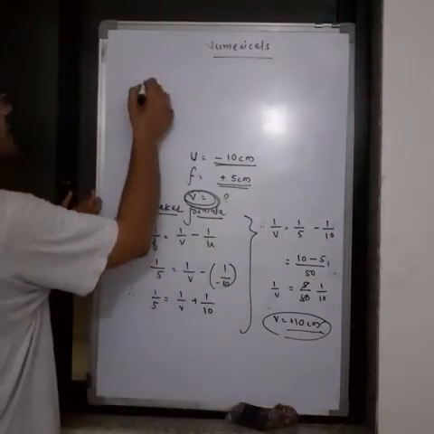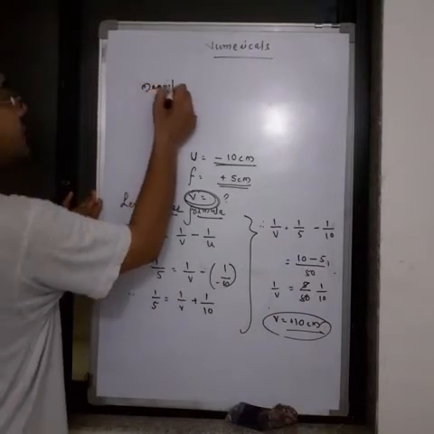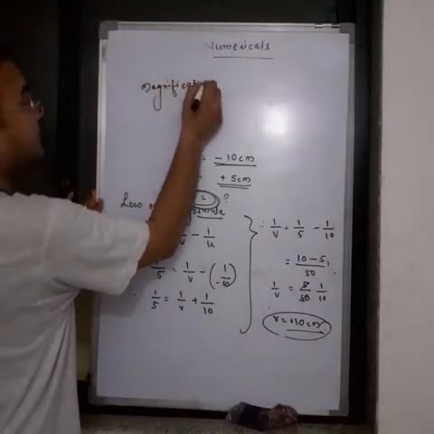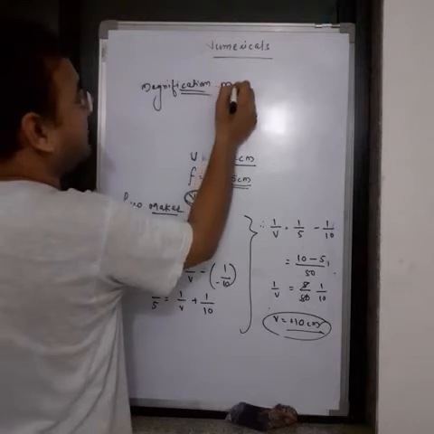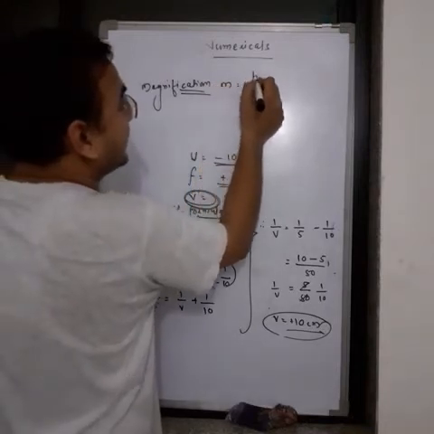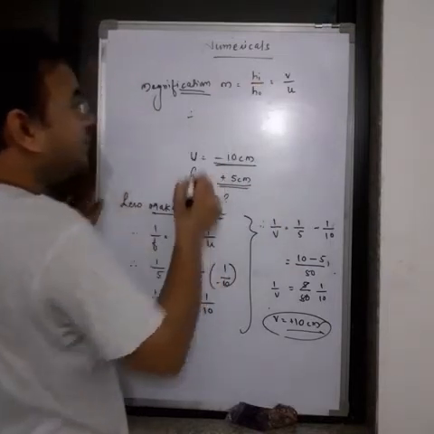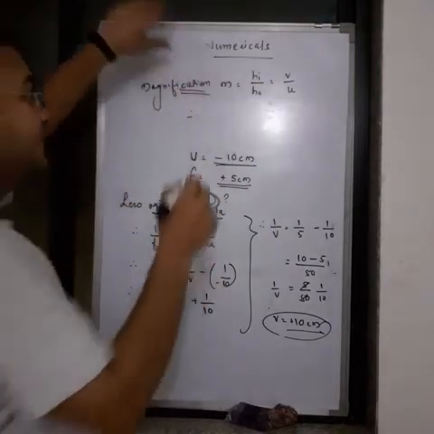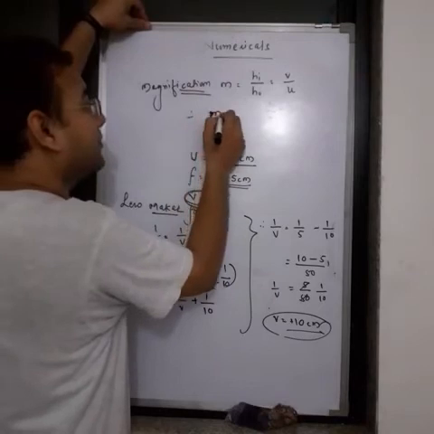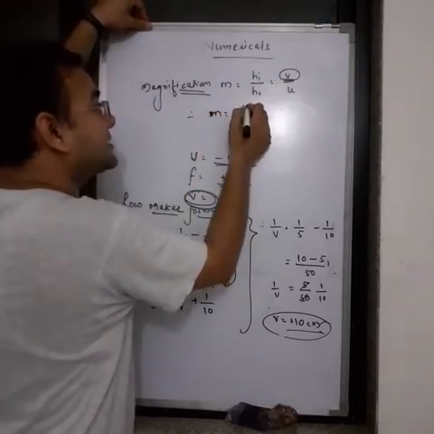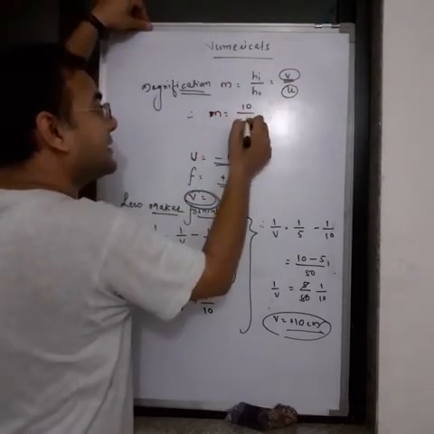For magnification, we can put the value: m is equal to hi upon ho, and v upon u. Here we know very well m is equal to the value of v, which is 10, and the value of u, which is minus 10.